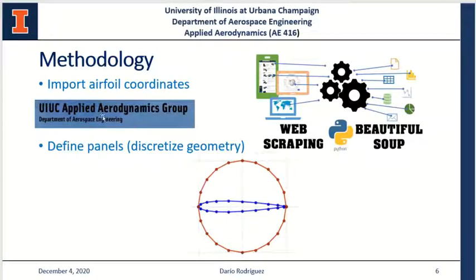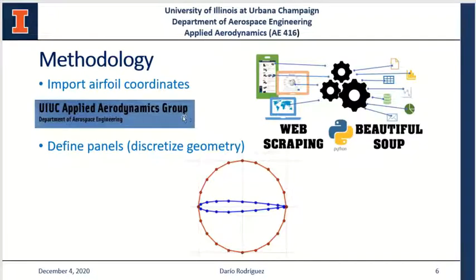And I used the website from the UIUC Applied Aerodynamics group to get the coordinates. I consider that this is a contribution to the work because it gives the user the opportunity to simulate airfoils that probably they don't have in their database, but probably they want to download and to optimize the code.